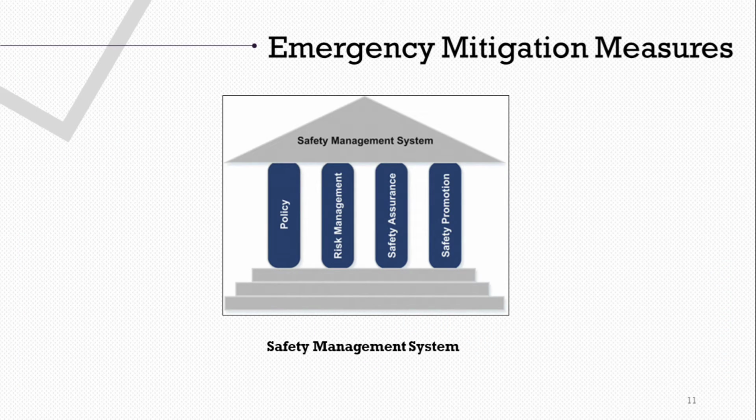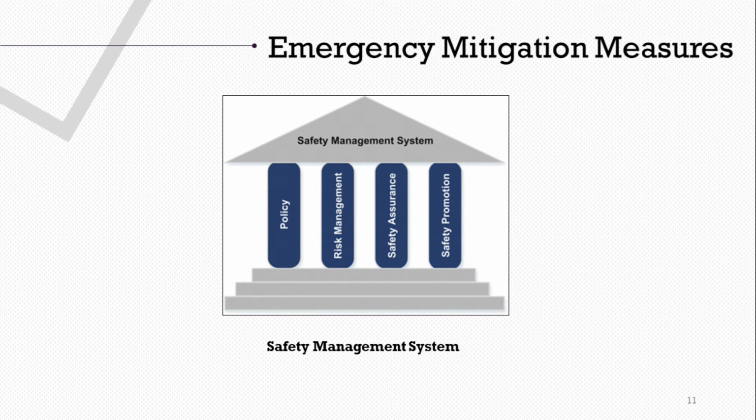There are some other important emergency mitigation measures like the safety management system. It includes safety policy, safety risk management, safety assurance and safety promotion. Safety policy establishes senior management commitment to continually improve safety, and it defines the methods and processes needed to meet safety goals.